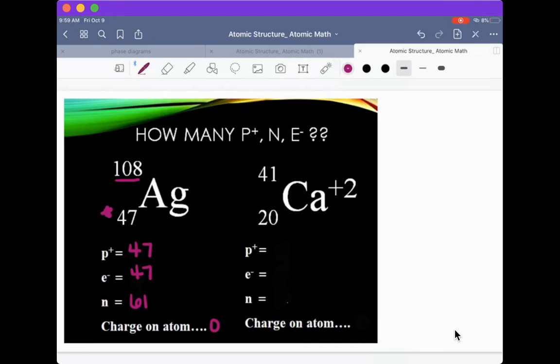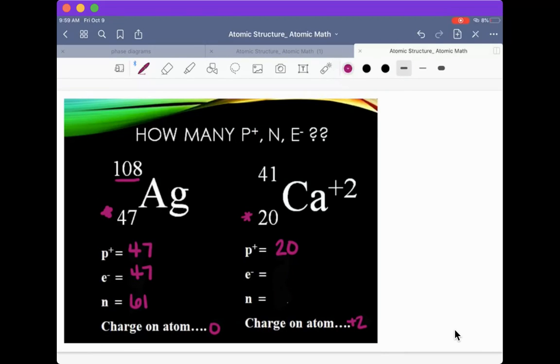Okay, so we got all of that information by just looking at the nuclear symbol. So let's try this one over here. We have Ca, which is calcium. It's got a mass number of 41, an atomic number of 20, and then we have that +2 charge in the upper right-hand corner. For the number of protons, that is again the same number as the atomic number, so calcium has 20 protons.